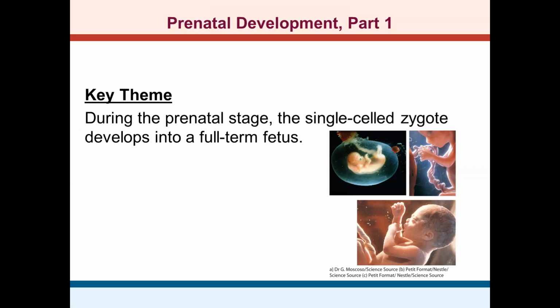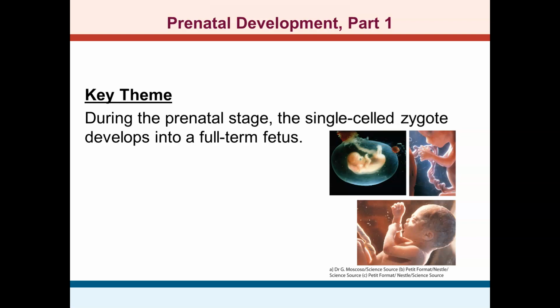Okay, so we're going to start going into the various phases of development. According to developmental psychologists and neurobiologists and neuroscientists, they're all interested in all of these factors. First of all, the very first phase of development is what's called prenatal development.